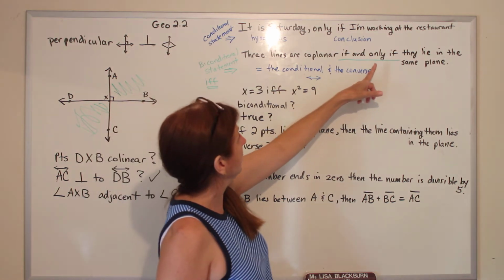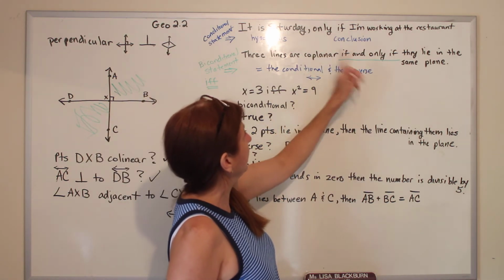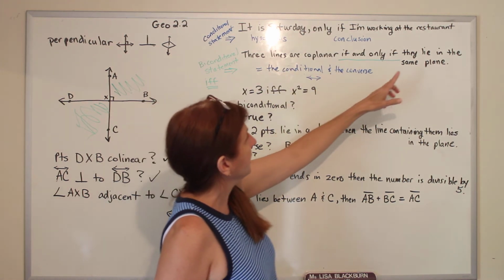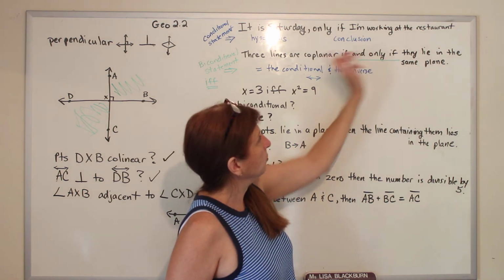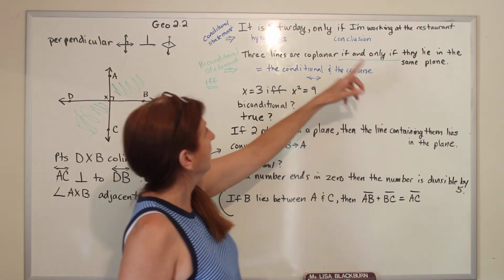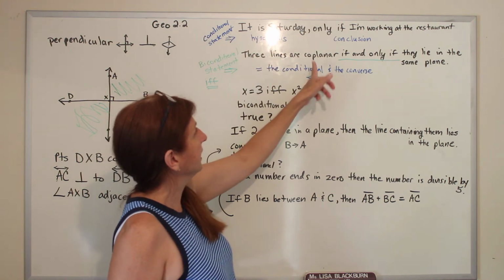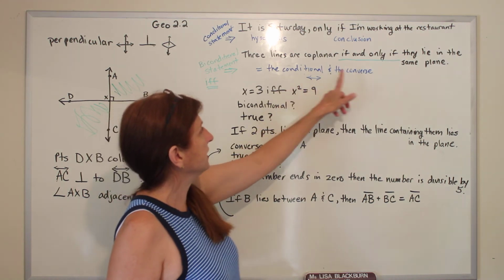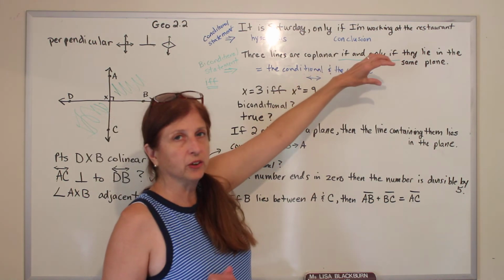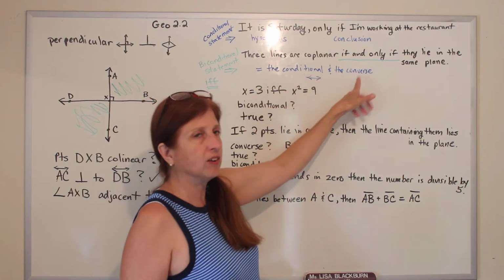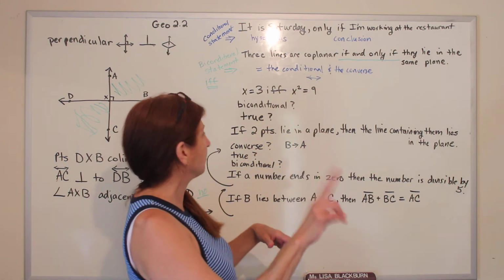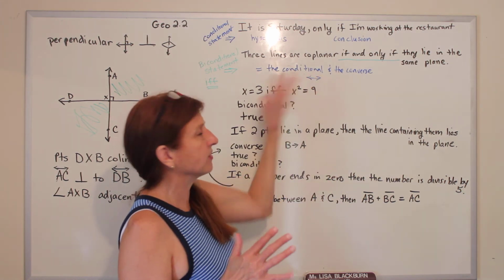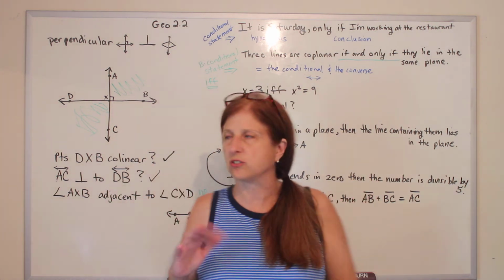So this one would be: three lines lie in the same plane if and only if they are coplanar, something like that. And so this is equal to writing the conditional and the converse at the same time. If you remember, converse is you do B then A. So it's sort of considered extra strong, extra heavy.